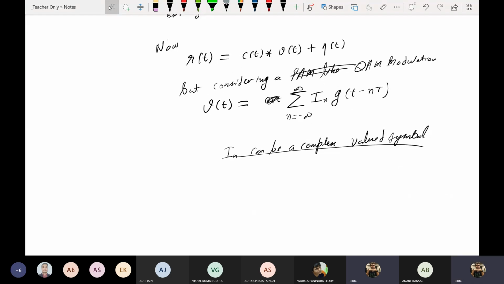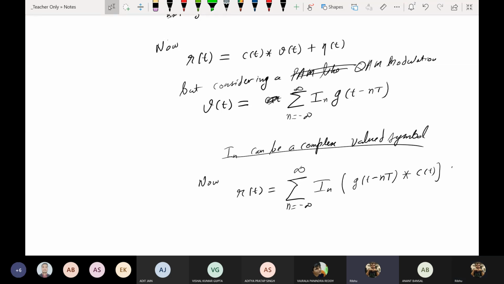So now r(t) equals summation n equals minus infinity to infinity I_n x(t) plus noise.